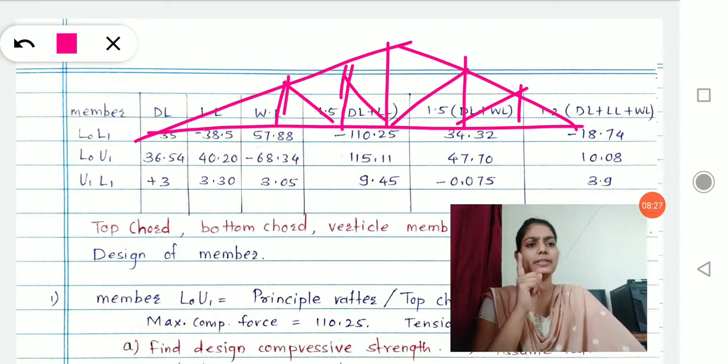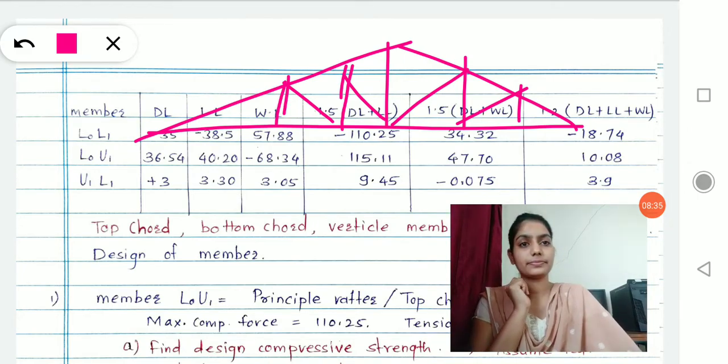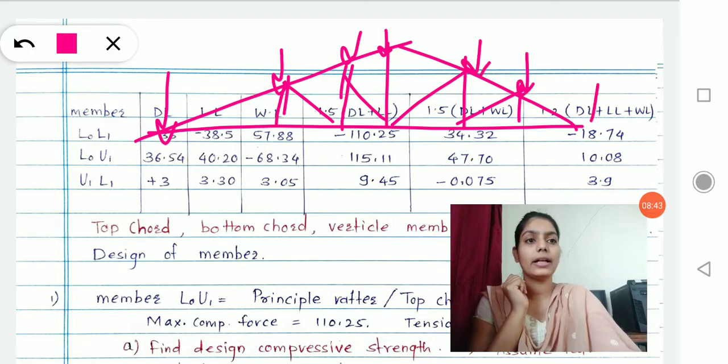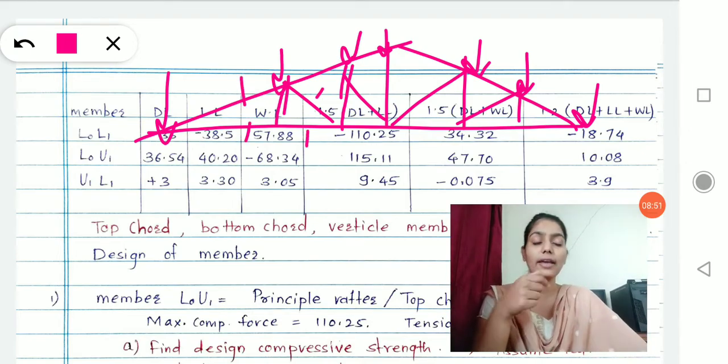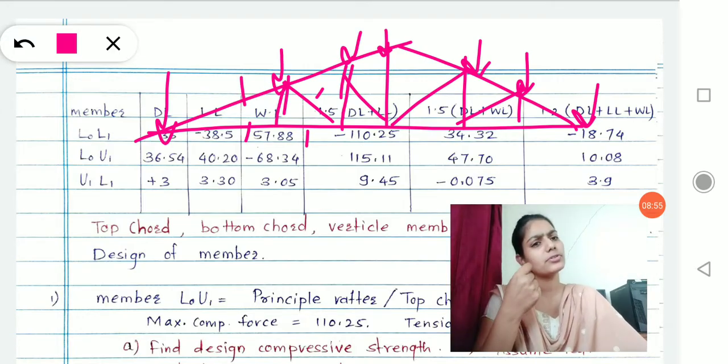Why? Because analysis gave us different values in the different members. If I analyze for dead load acting at the panel points like this, I get different forces in each member. Every member carries a different force. Then which am I supposed to design?